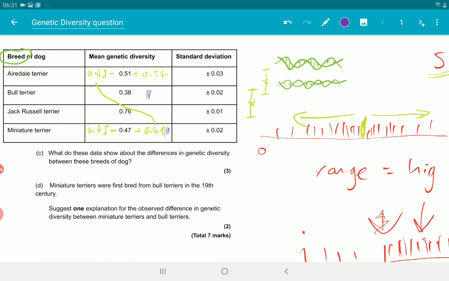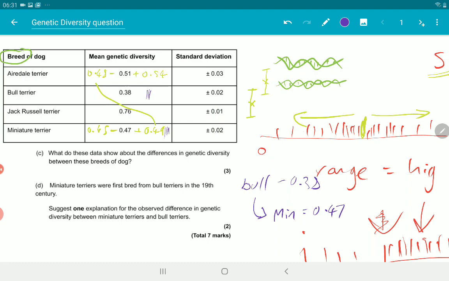Right, so how is it possible? We had Bull Terriers at 0.38. Some of those have been used to get the Miniature Terriers. They're at 0.47. They've got more genetic diversity than the Bull Terriers.